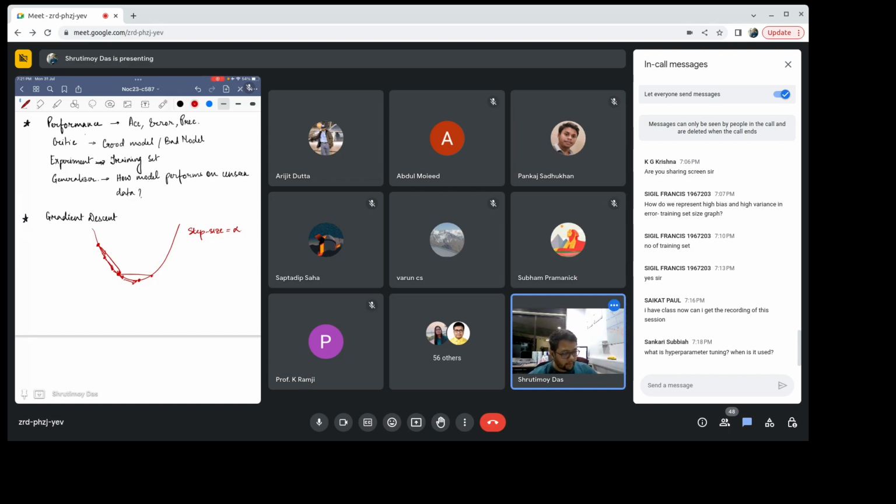If you go to neural networks, there will be some other parameters called momentum or batch size. You will go to it in the later part of this course. So hyperparameter tuning tries to compute, using the validation set, what these parameters should be. Is it clear?